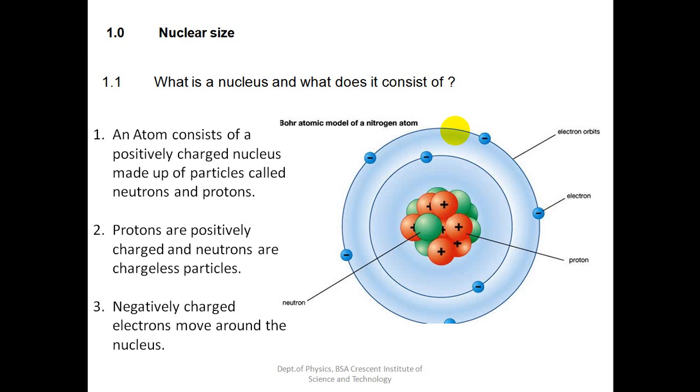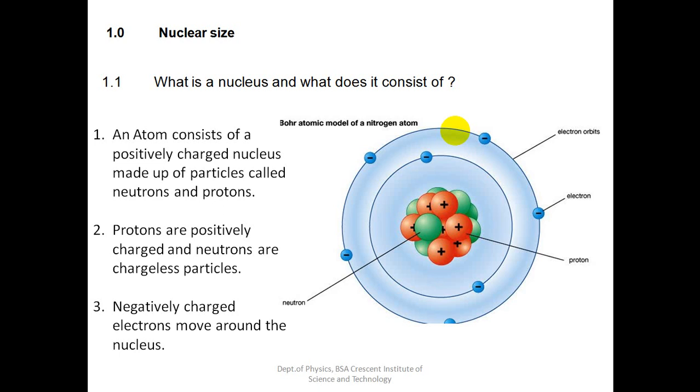As the statement reads here, a nucleus consists of positively charged particles mainly, though neutrons are also there. Neutrons are chargeless particles. And we also know that the negatively charged electrons are revolving around the nucleus. This is better discussed in the atom model.